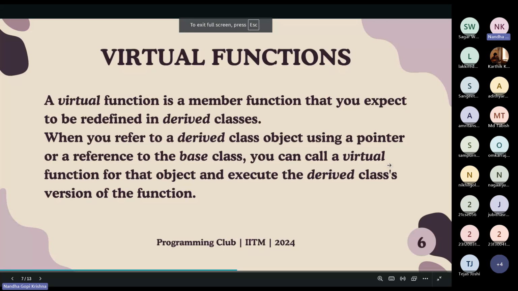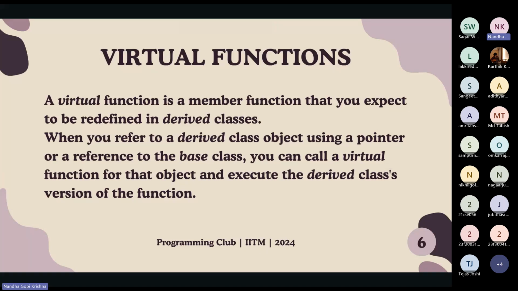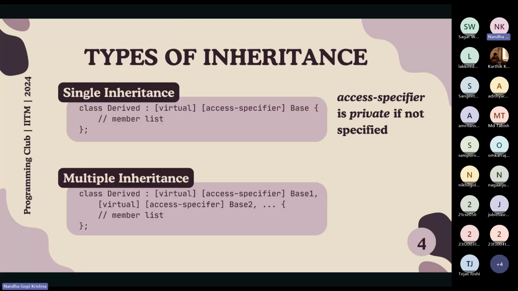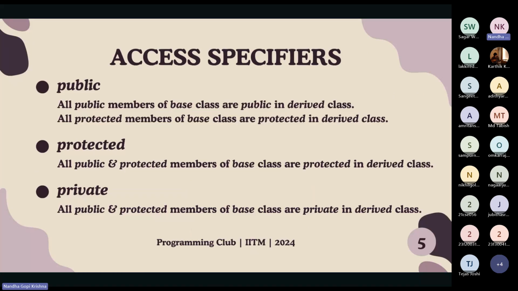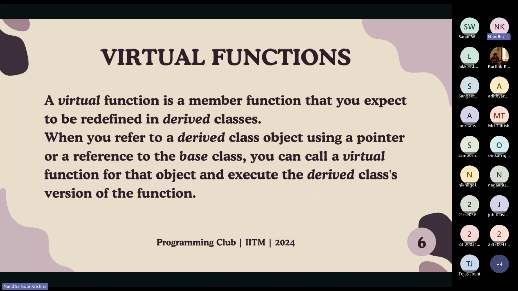Okay, so now we have looked at access specifier. I'll come back to this virtual keyword when we are inheriting the class later on when we discuss abstract classes. Right now, we'll discuss virtual functions because it plays into abstract classes. So what are virtual functions? A virtual function is a member function that you expect to be overridden or redefined in the derived class.